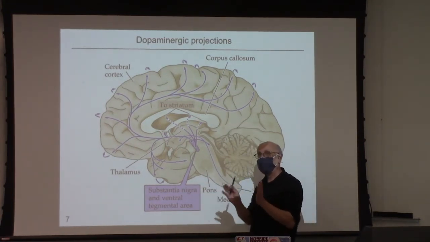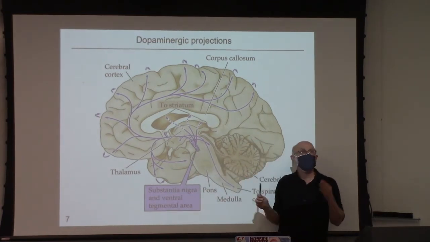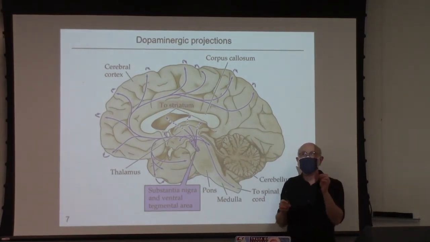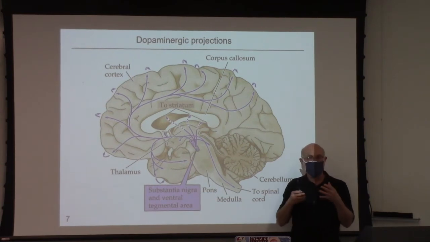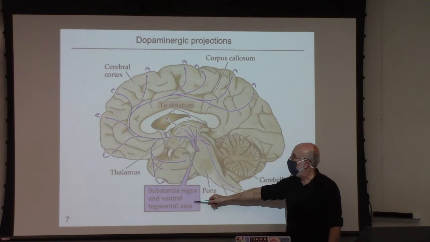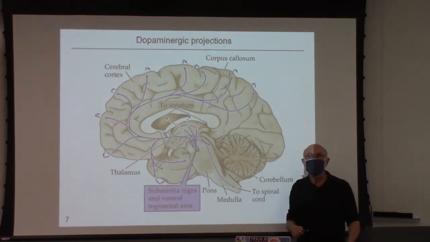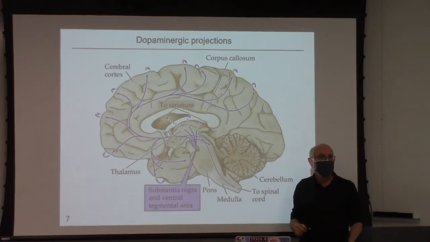But here's the key point: dopamine is released everywhere, but the cell bodies of the neurons that release it are in the substantia nigra and the ventral tegmental area in this part of the brain called the midbrain. Using some neuroanatomy.